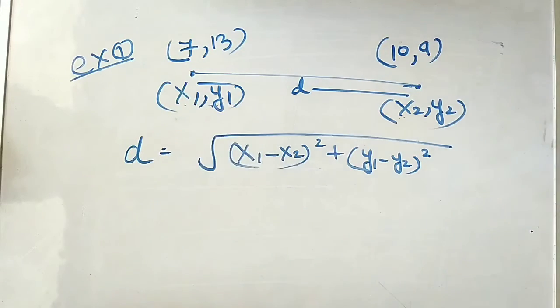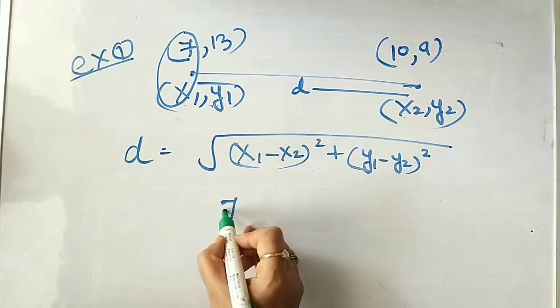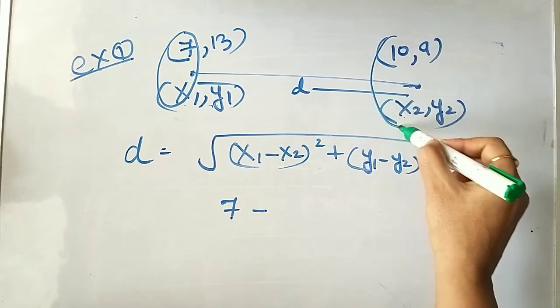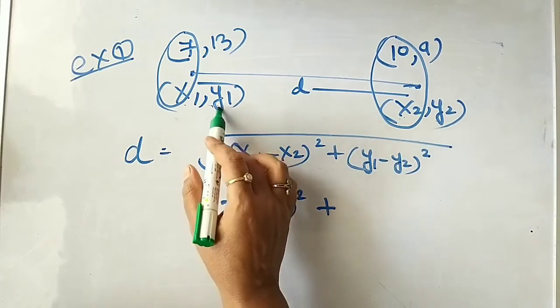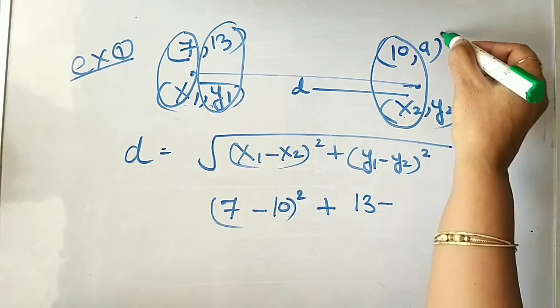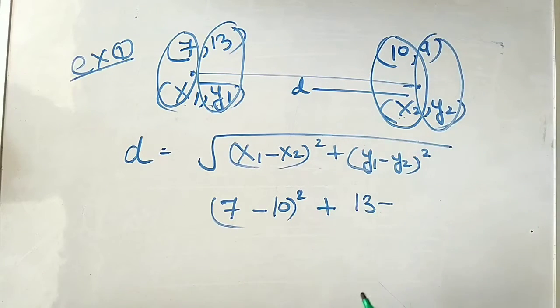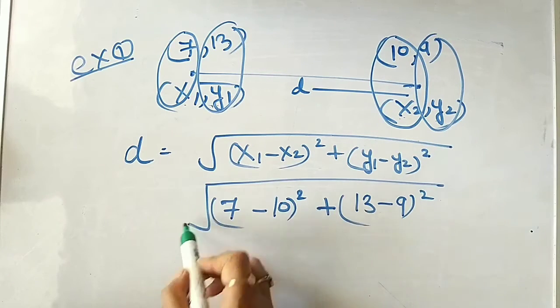If you see here, what is your x1? It is 7. So let me put it. What is your x2? It is 10. Plus y1 is 13, minus y2 is 9, square under root.